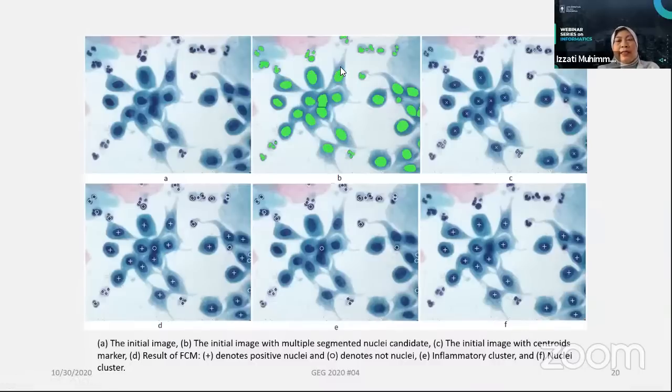Then we can see in figure B that the darker color is mapped automatically to highlight the darker area. Having that darker area, we choose the centroid because we need to count, so we reduce the data.